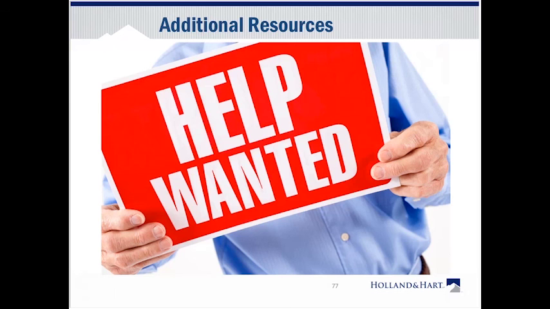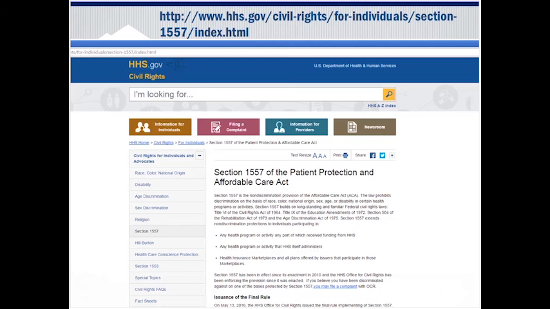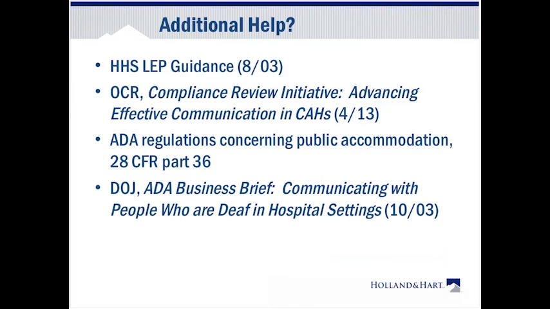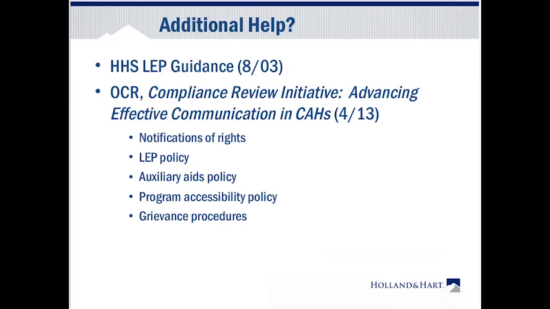As far as additional resources are concerned, we've put in some slides some screenshots and some other places that you could go to find additional information. The HHS website has some really good information on the Section 1557 rules. Here is a screenshot of where you can go to get the various languages for the taglines, etc. Also, we've got the things that we referred to in the slides, some other guidances and publications that could potentially be helpful to you.